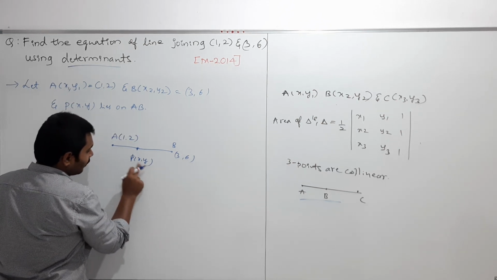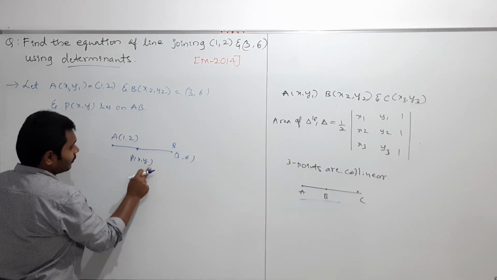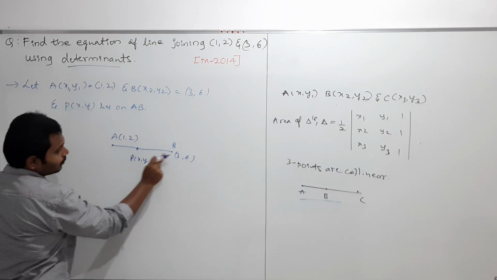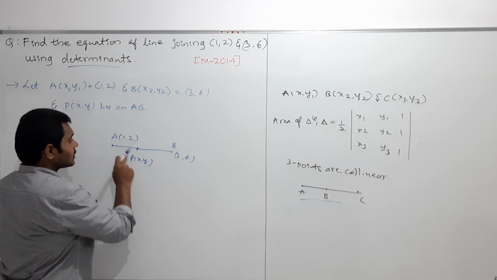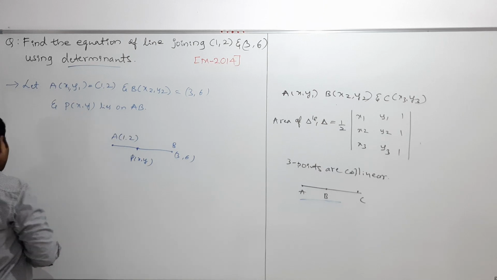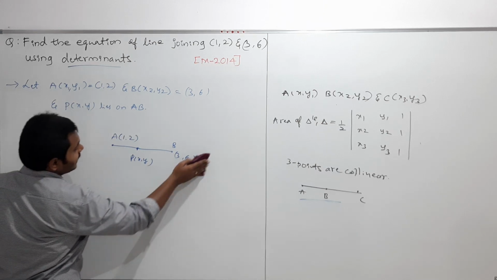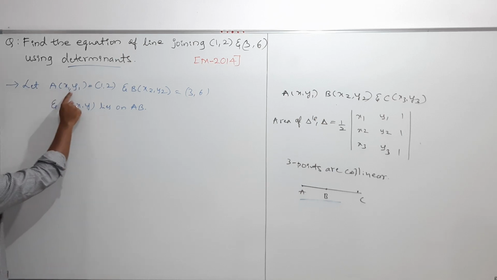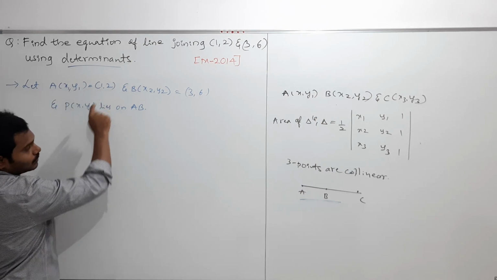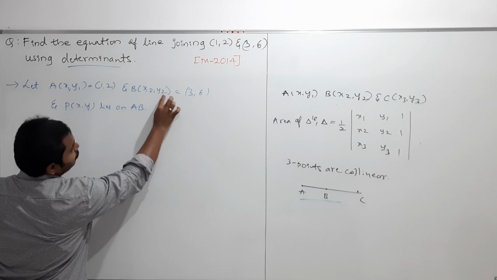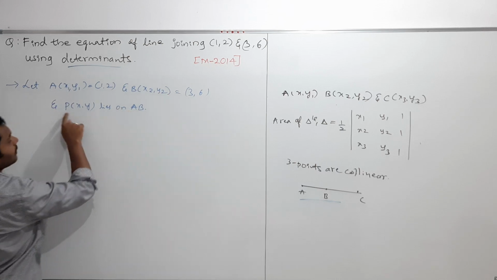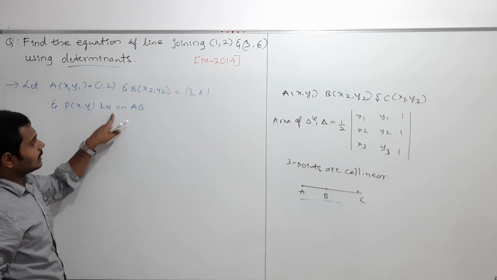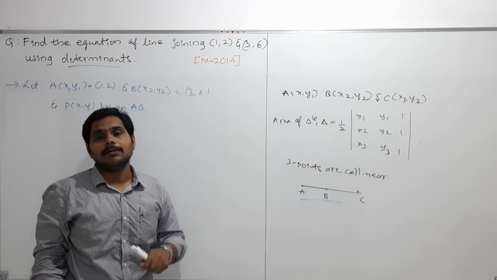So if I take P of x, y on the line, then we can conclude that these 3 points are collinear. Since these 3 points are collinear, the area of the triangle is equal to 0. So I am writing here: let A of x1, y1 be 1, 2 and B of x2, y2 be 3, 6 and P of x, y any point I am considering on the line AB.